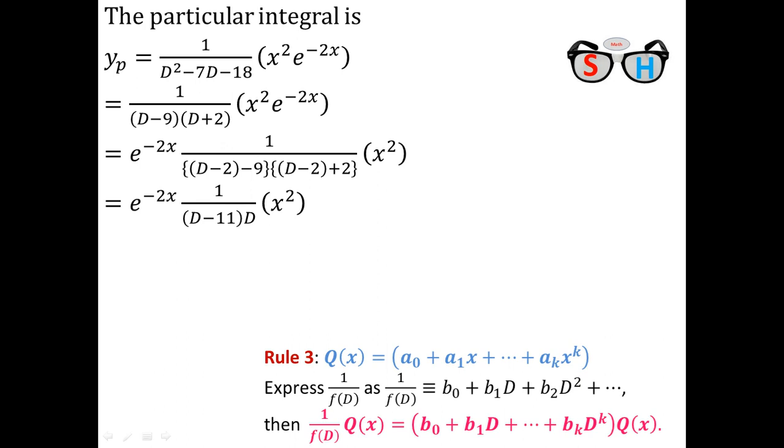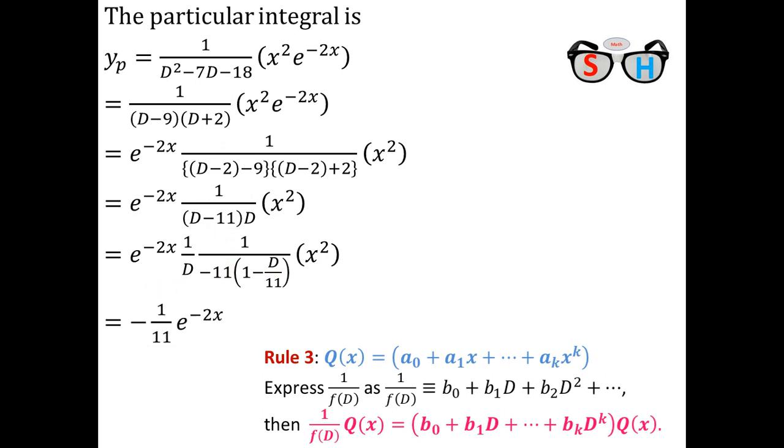For this purpose, I write down 1 by D and take common minus 11 from that, so minus 11 into 1 minus D by 11. Now I take the constant minus 1 by 11 at first, therefore this will be minus 1 by 11 e to the minus 2x, and this is in the denominator, so it will be to the power minus 1.